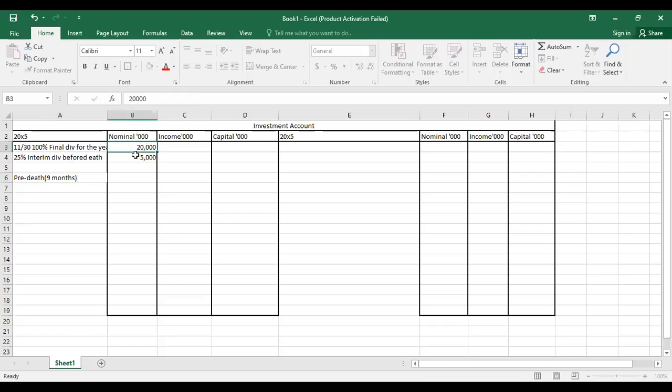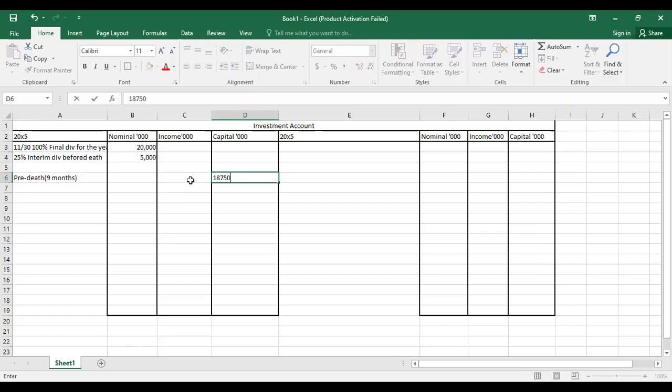So the total for the year will be 25, because it is the 100% final dividend and the interim of 25. So it's 9/12 of 25,000. What do you get? 18,750.